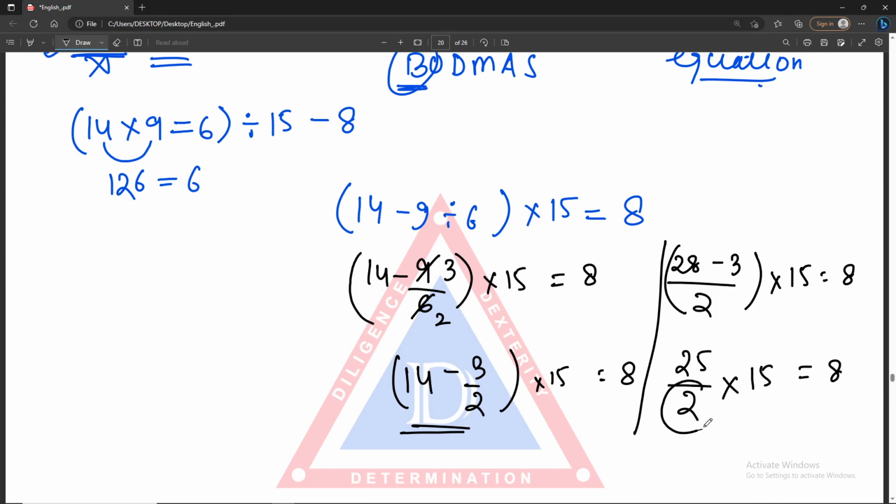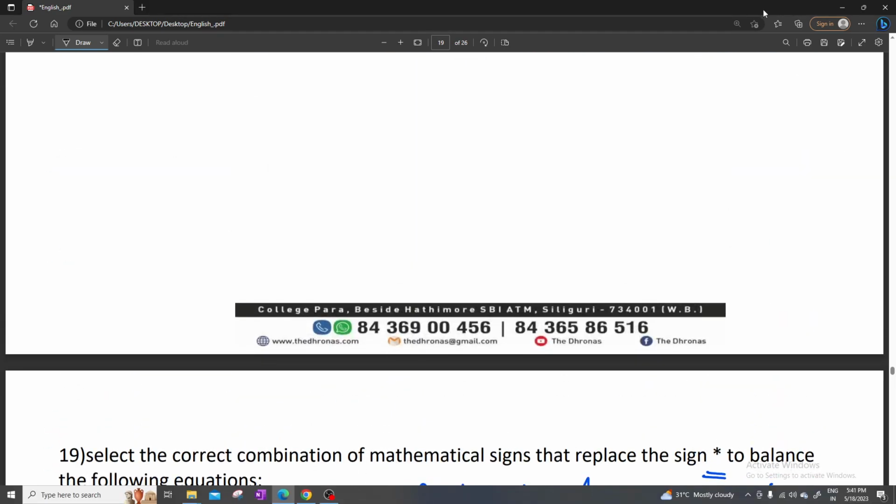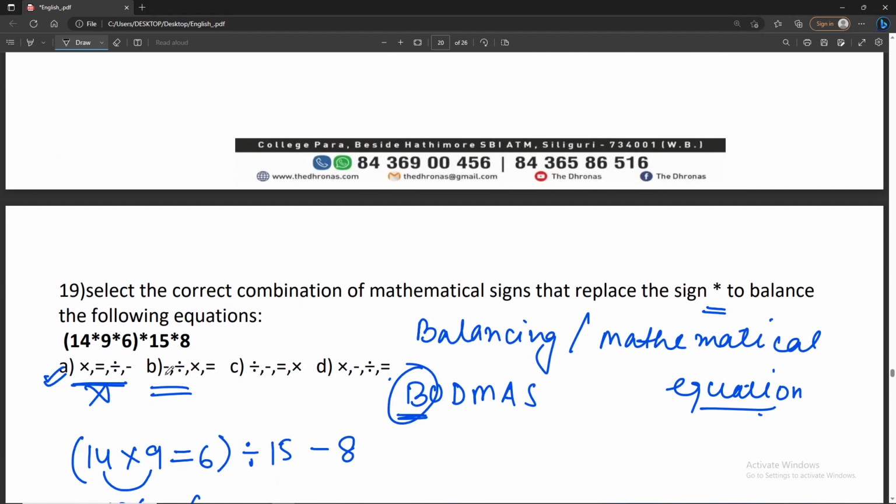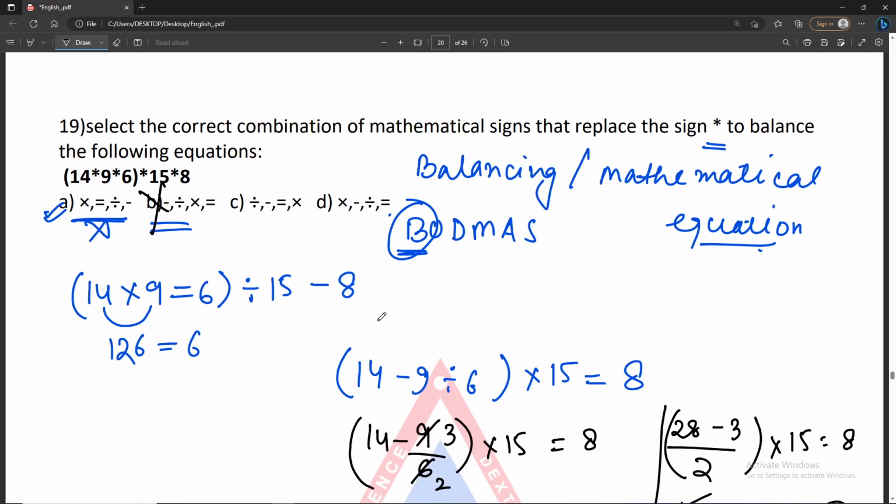As you can see, 2 cannot divide 25 and 15, and the answer would be in decimal, but we have a whole number. So option B is also incorrect. Okay, I'm just rubbing this part.